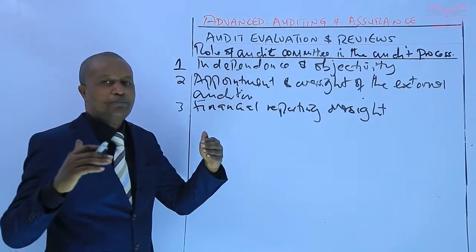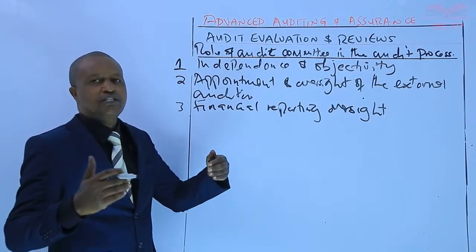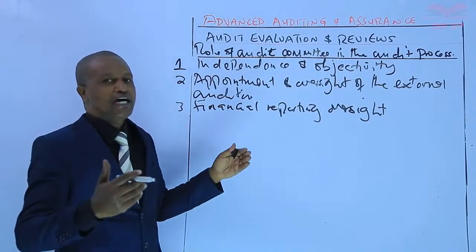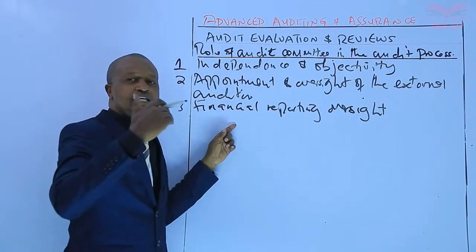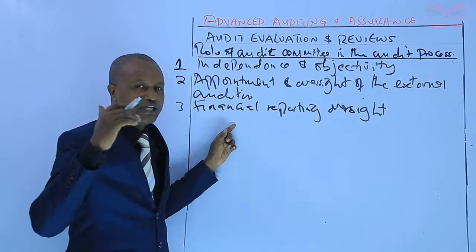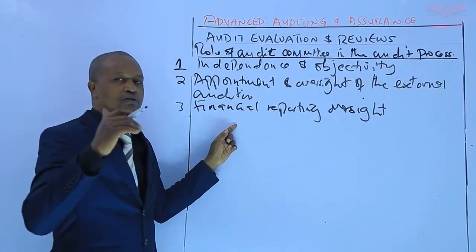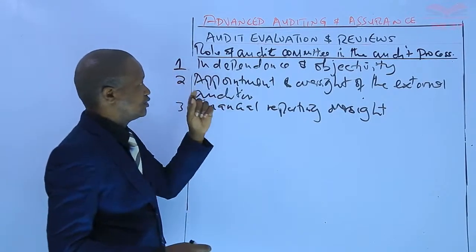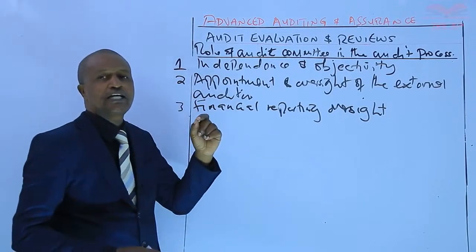They ensure that appropriate accounting policies are followed, significant financial reporting issues are addressed, and financial statements are prepared in accordance with applicable accounting standards and regulatory requirements. That's the role of the audit committee.